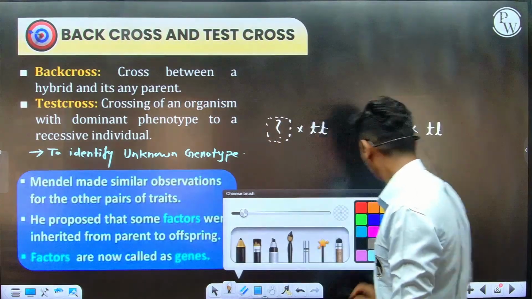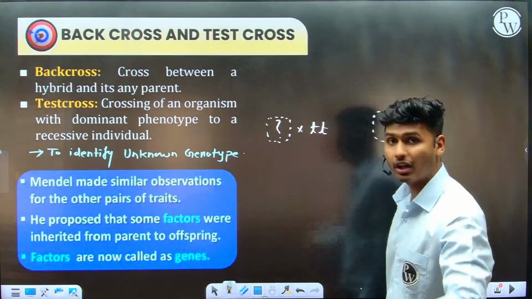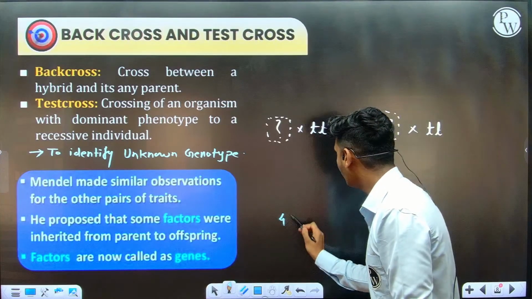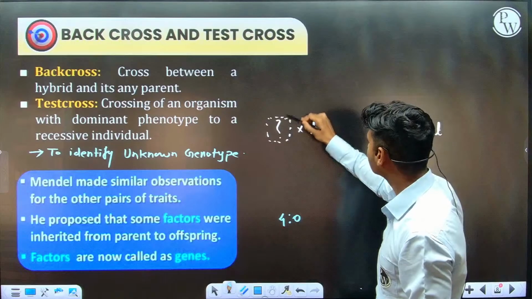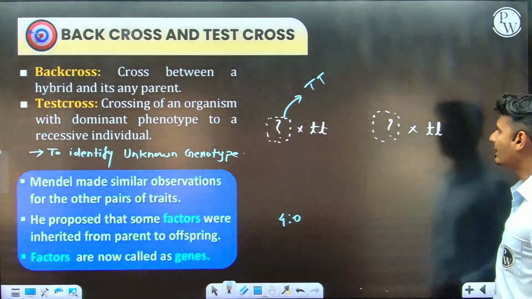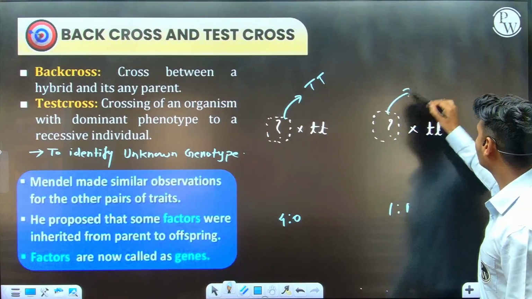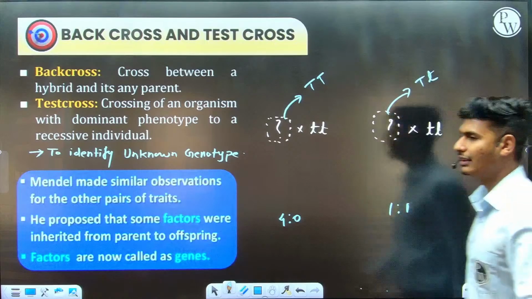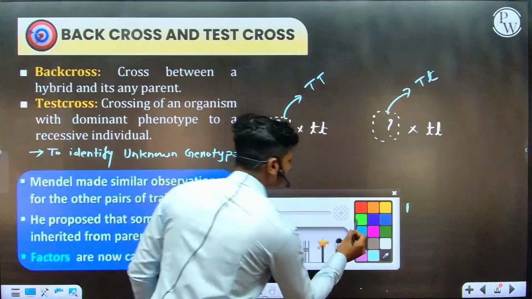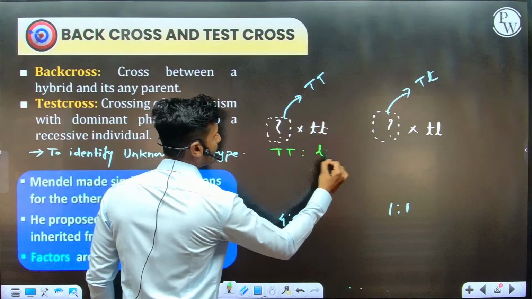Now, after taking the cross, if the ratio comes 4 is to 1, then this unknown is capital T. If the ratio comes like 1 is to 1, then this unknown is capital T small t. Let's calculate whether it is true or false. We are taking capital T capital T with small t.